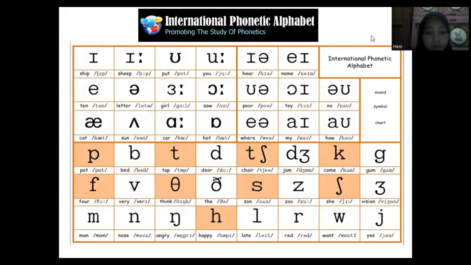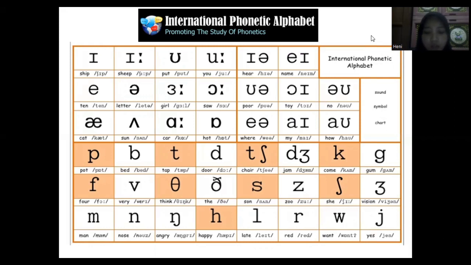The example is zoo. Next is sh, which is voiceless. The example is she. Next, the sound in vision is voiced.